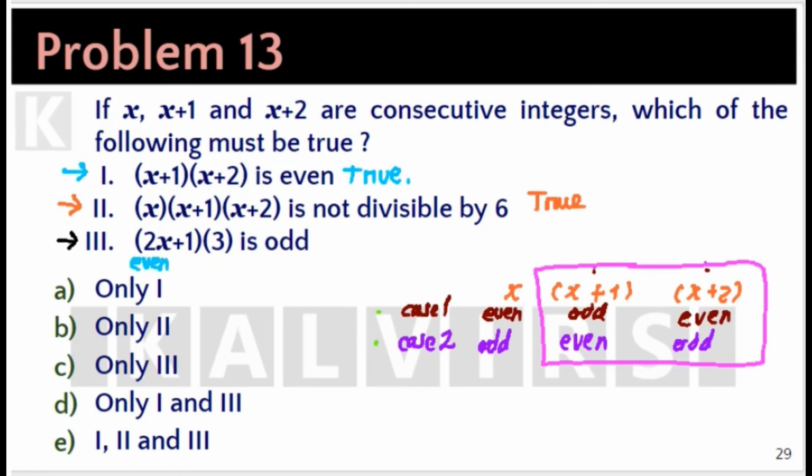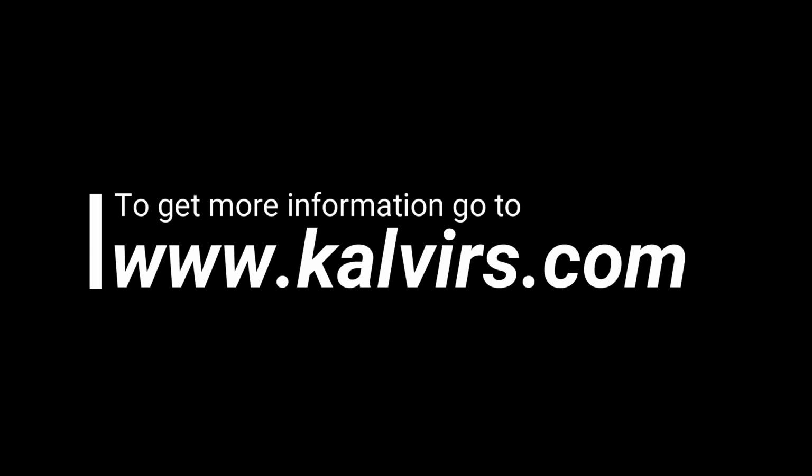Now, an even plus 1 is always odd. And odd times 3, which is odd as well, is always odd. Therefore, statement 3 is true. Finally, choice E is correct.